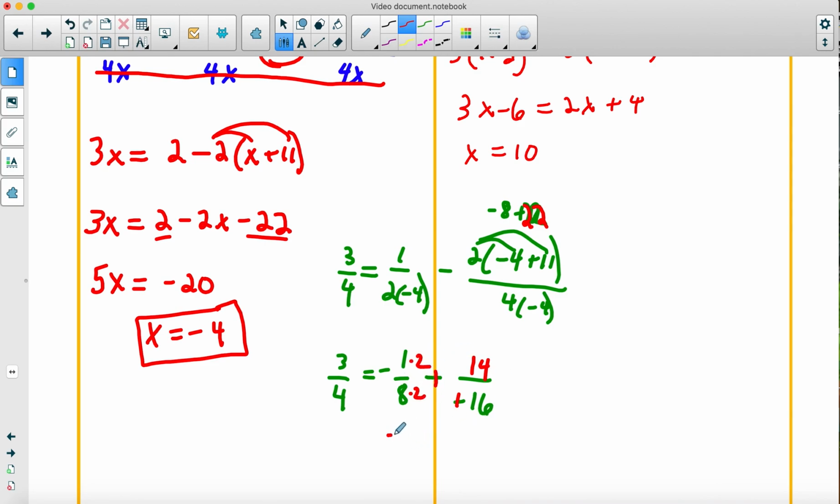So now I have negative 2 over 16 plus 14 over 16, which is going to equal 12/16. And lo and behold, if I divide both of these by 4, it will simplify down to 3/4, which is what we needed it to do.